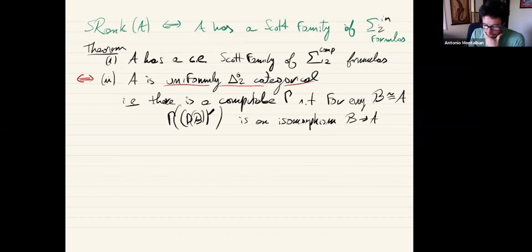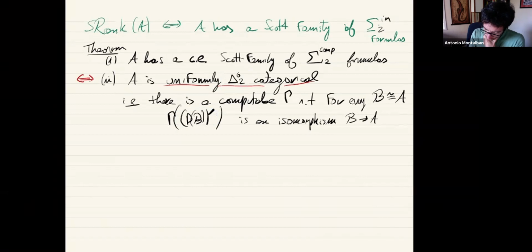So in the next level up, instead of having a function that is continuous on the diagram, now you're using the jump of the diagram. That's why it's delta 0 2: delta 0 2 is because of the jump.